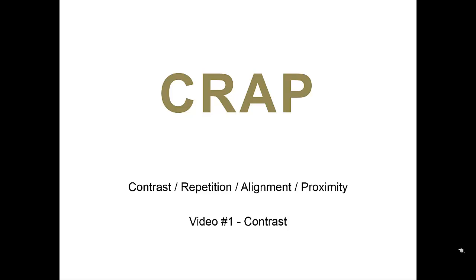One of the building blocks of visual design is contrast. Now the word you see here, C-R-A-P, CRAP, is short for contrast, repetition, alignment, and proximity, which would be your four big building blocks for creating a product that stands out.